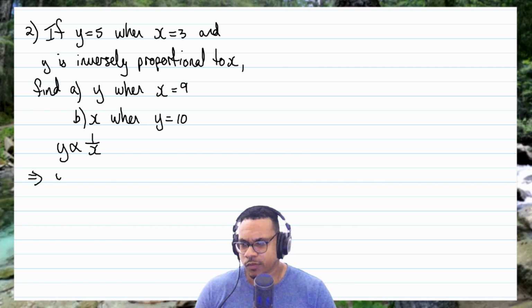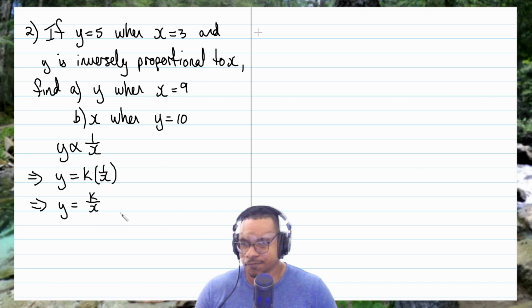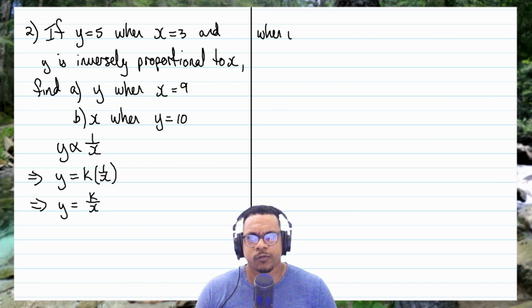Then this would imply that y is equal to k times 1 over x, which would imply that y is equal to k over x. So now we'll use the information when we know both y and x to find k. So when y is equal to 5, we know that x is equal to 3.